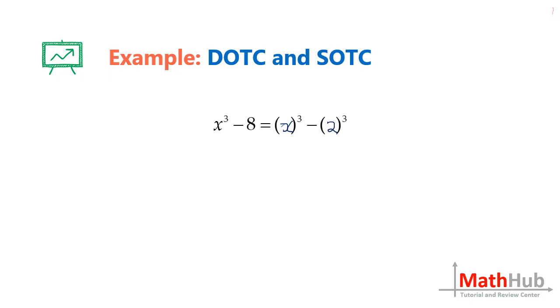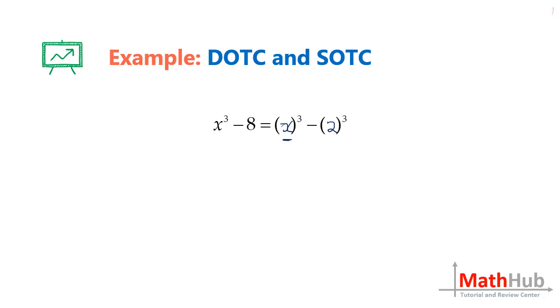It will be better if you memorize the cubes of just small numbers like the cube of 2. 2 cubed is 8, 3 cubed is 27, 4 cubed is 64, and so on. Alright, for the small numbers, at least probably until 5. 5 cubed is 125. Anyway, so going back to this example, you have x cubed minus 2 cubed.